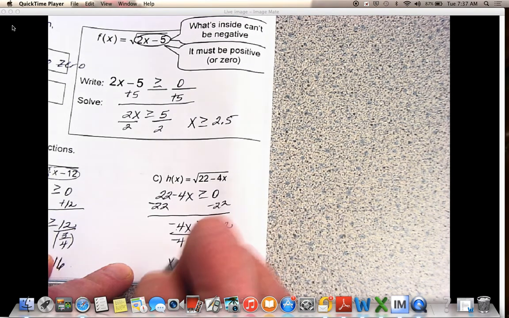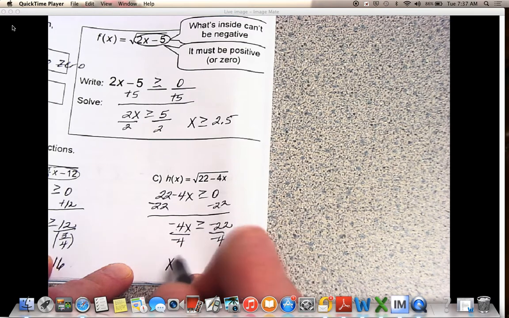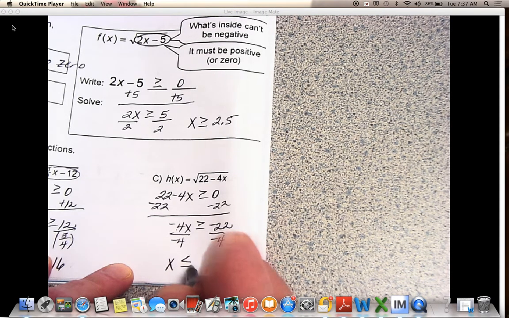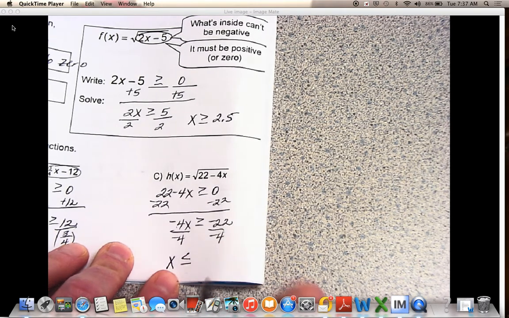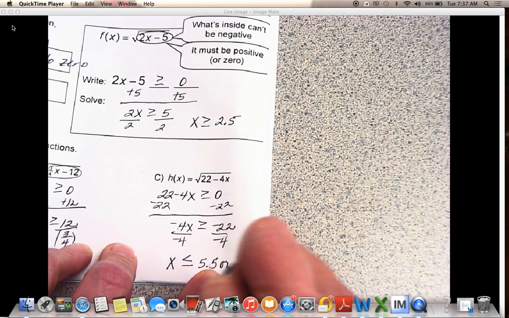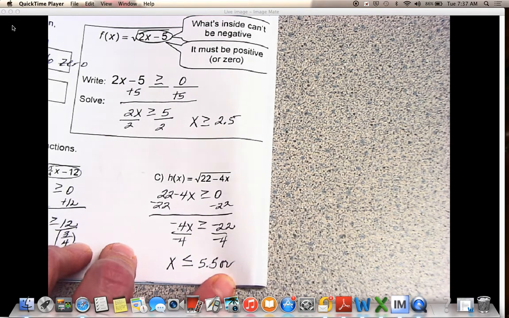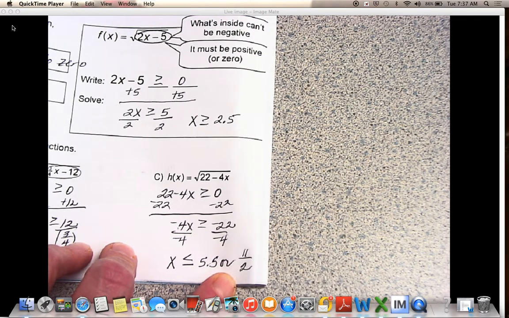So when I divide by negative 4, I have to flip this symbol, and it will become x less than or equal to negative 22 divided by 4, which is 5.5, or if I wanted to write it as a reduced fraction, it would be 11 over 2.